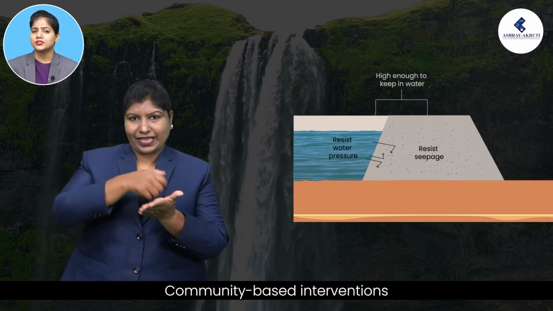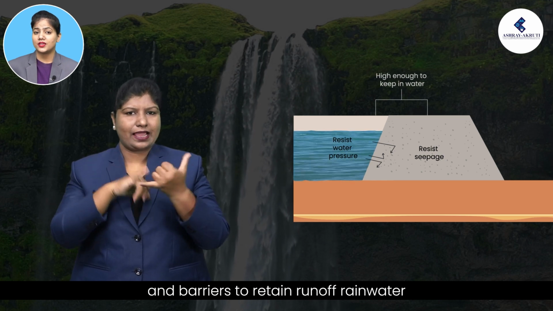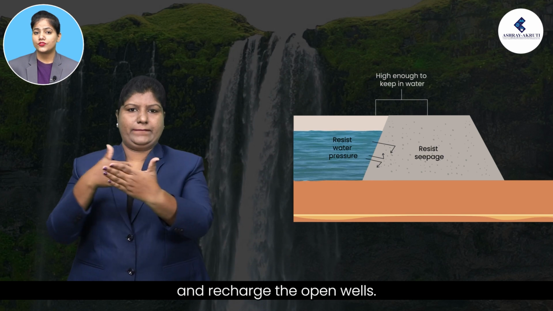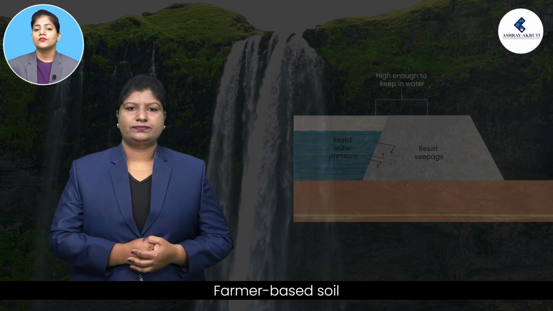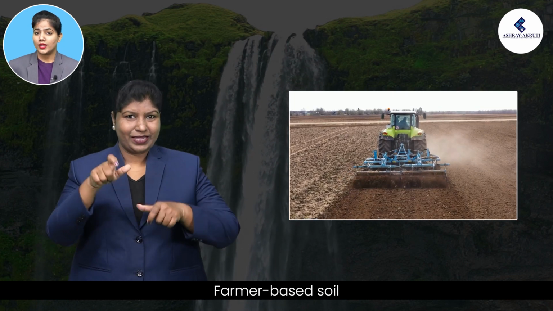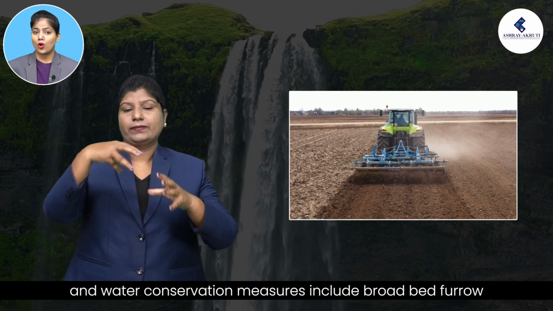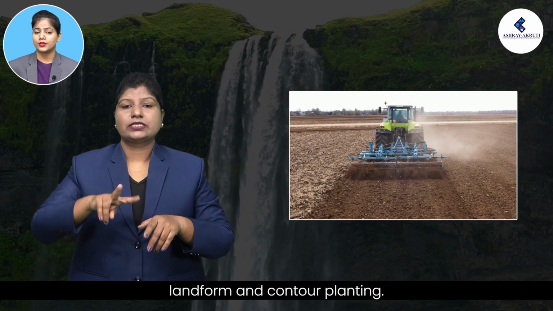Community-based interventions include the construction of dikes and barriers to retain runoff rainwater and recharge the open wells. Farmer-based soil and water conservation measures include broad bed furrow, landform, and contour planting.